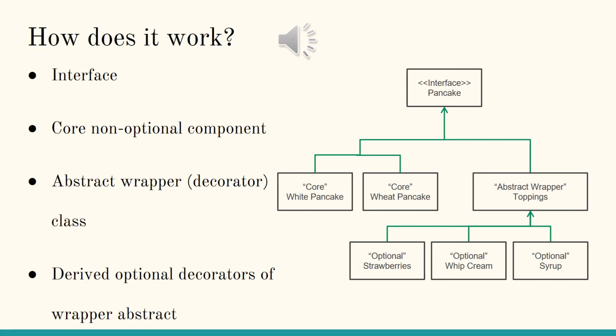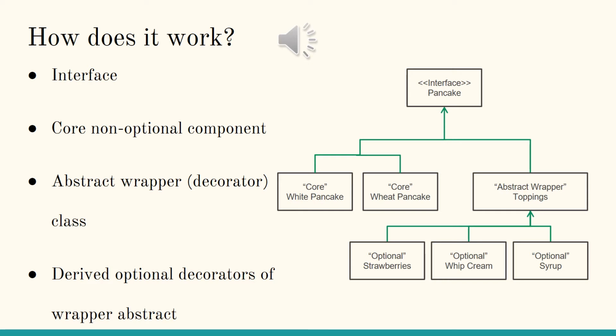Next, to enhance our pancakes, we use an abstract wrapper class called toppings. It doesn't change anything internally about our pancake core, but instead it adds or it decorates onto our core. This does so, as in our pancakes example, by adding toppings onto our pancake. It does this by making a wrapper inside itself, which wraps the original class and keeps its signature intact.